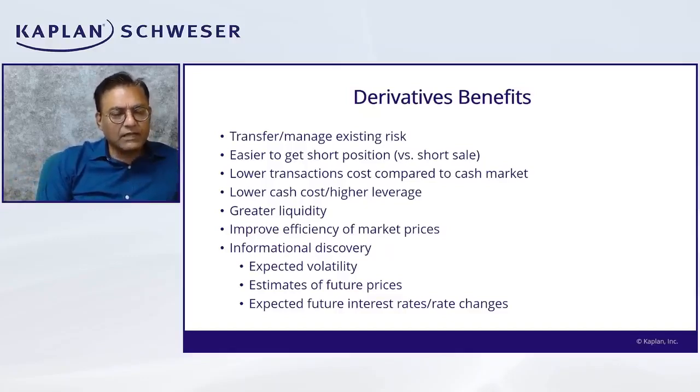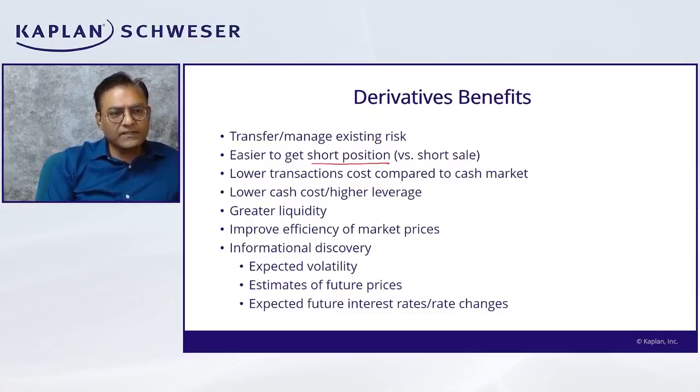Also, derivatives allow you to easily obtain a short position. So if you take a short position in a futures contract on a specific security, you are getting your short position without actually shorting the underlying in the spot market. So it is much easier and more efficient to get short exposure via derivatives as compared to spot market transactions.